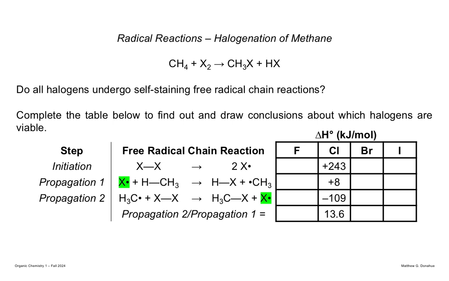But basically, we've generalized the reaction now for any halogen X2, and that's what you see in the table, F, Cl, Br, and I. And again, you just go to the table of dissociation energies, you do the same thing.